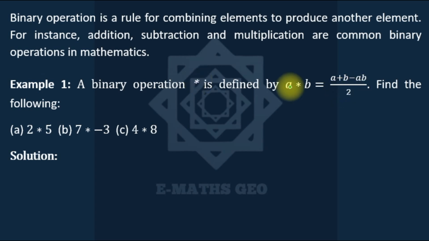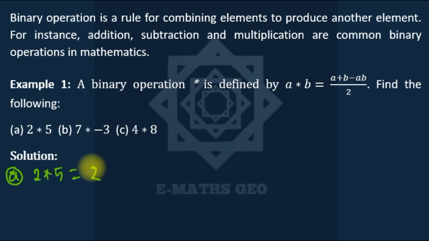So a is any number, the first number, like for A, our first number is 2, while b is 5. So 2 star 5, a is 2 and b is 5.